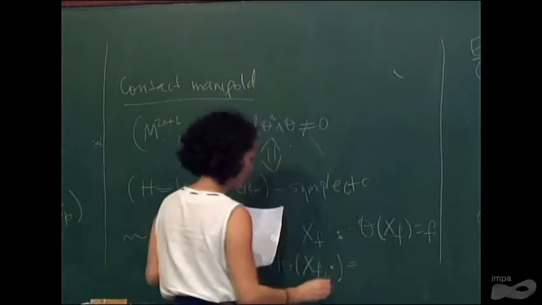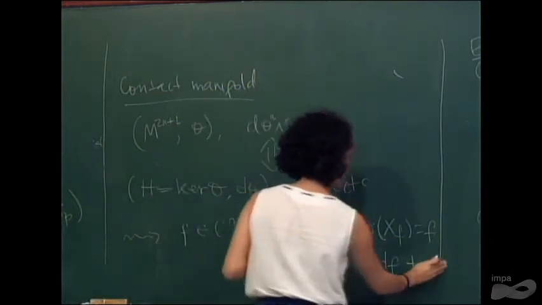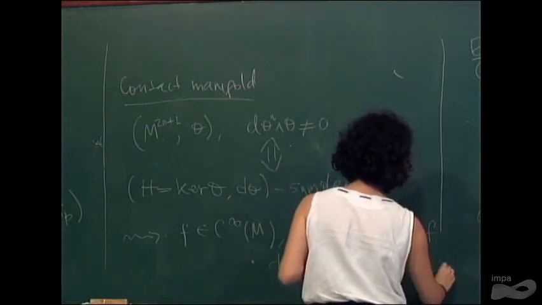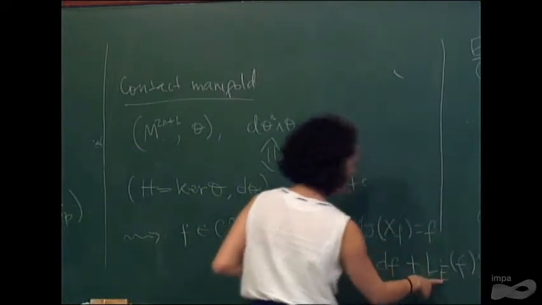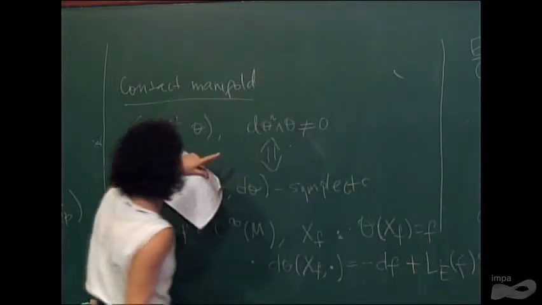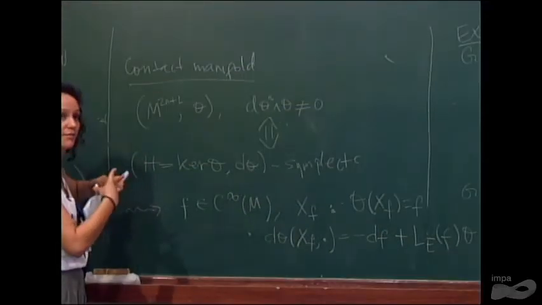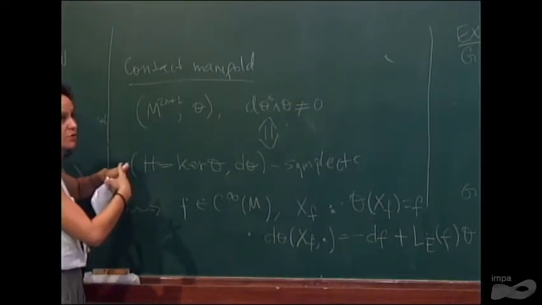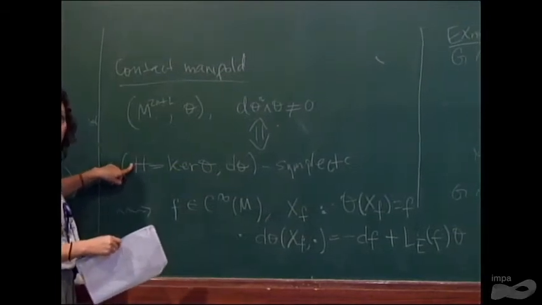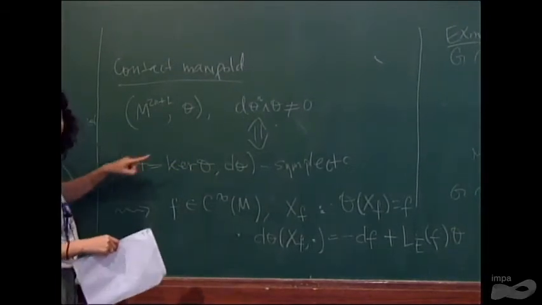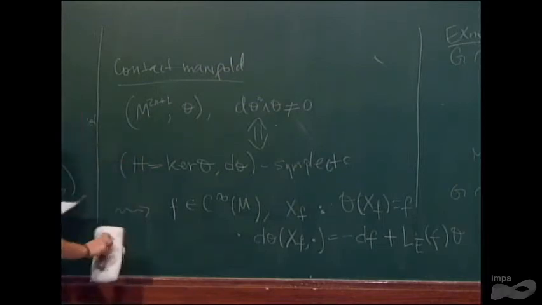This will be equal to minus the differential of f plus the Lie derivative of the Reeb vector field applied to f times theta. The Reeb vector field is just a vector field on the manifold which is transversal to H, okay, and satisfies some other conditions. So H is codimension 1. The Reeb vector field is the one that complements H.